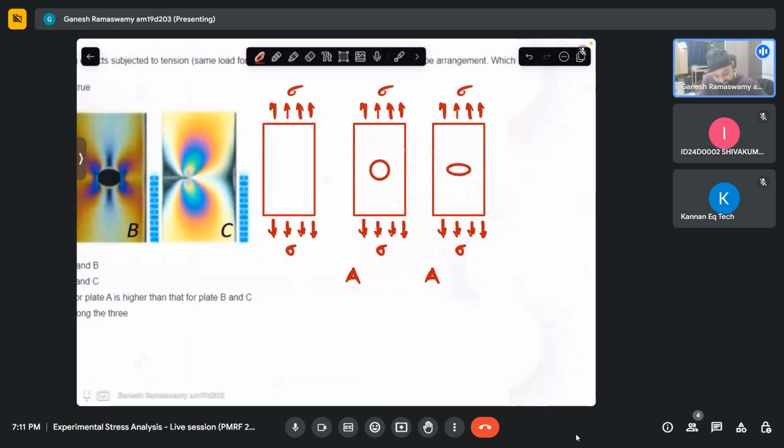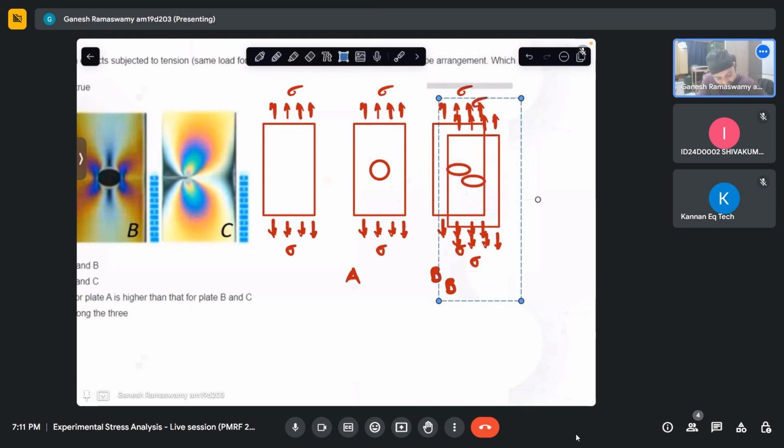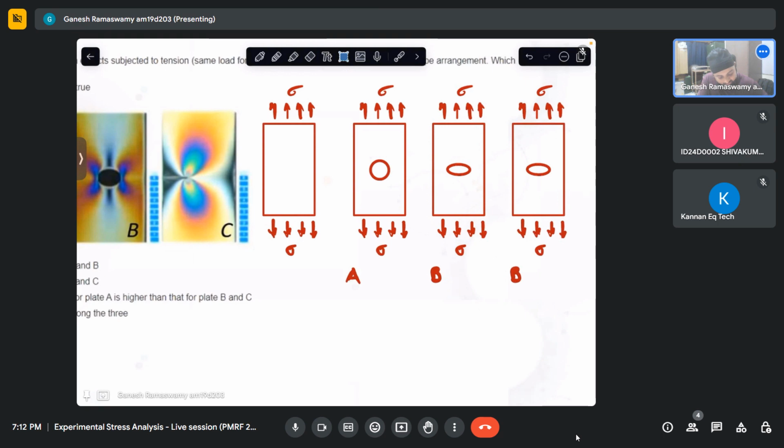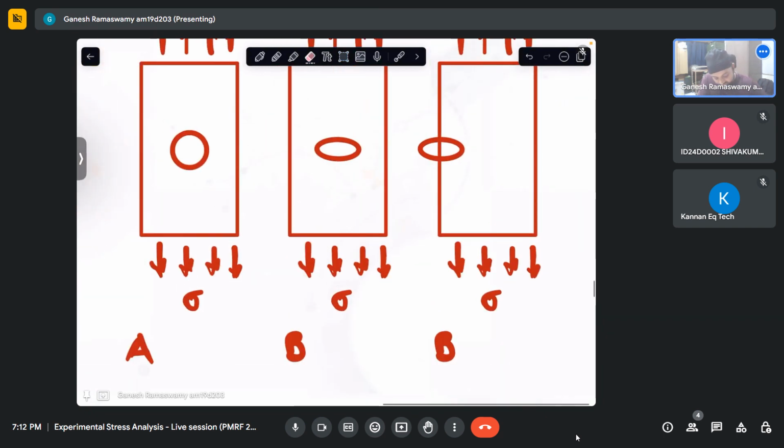So this was case B. And in the limiting case, let us say that we take the same load case, but instead of that, it was like this, let us say, on one of the edges.